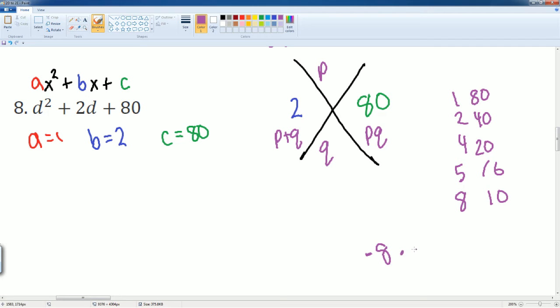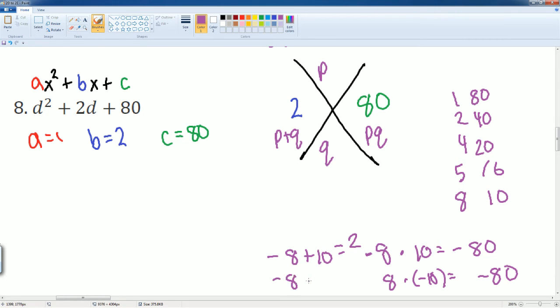Because look, that gets you negative 80, or 8 times negative 10 is also negative 80. But look, that's the only way. Negative 8 plus 10 will get you a 2.